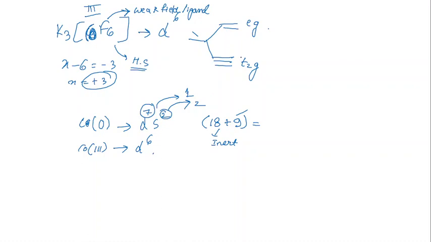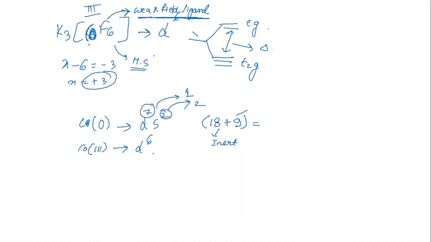Pairing depends on the electron arrangement. The weak field determines this value. The delta value determines it. When a weak field ligand is there, there is less electrostatic interaction with the metal center, so the energy gap will be less.